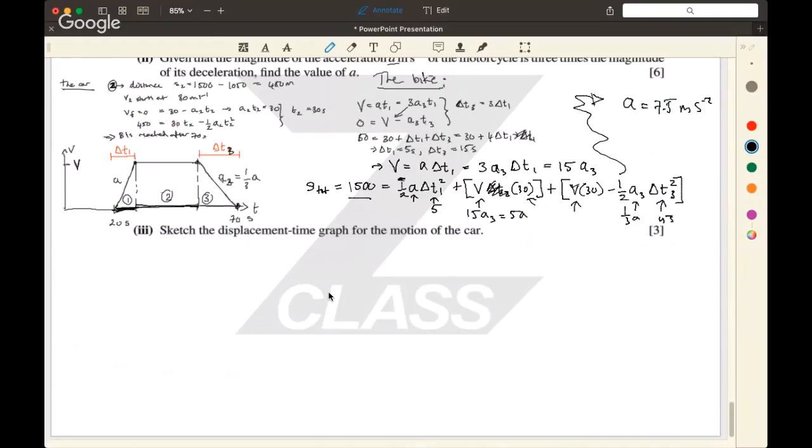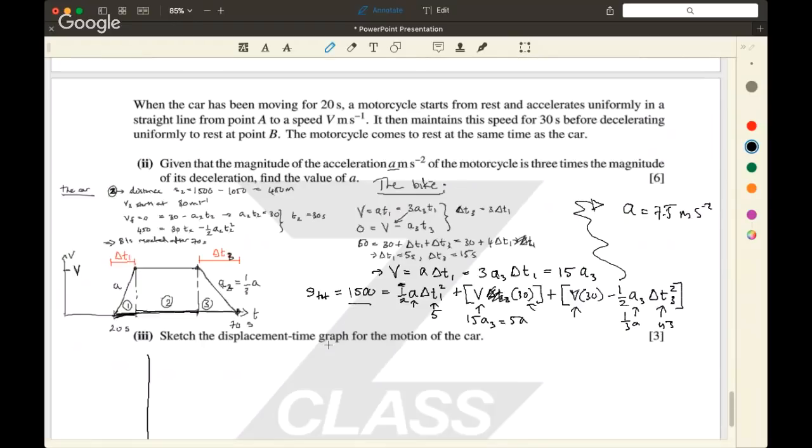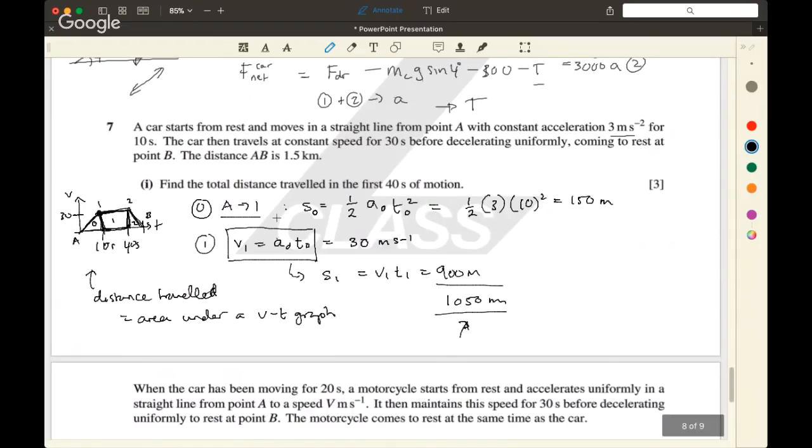So they want the displacement time graph for the motion of the car. This is a little different from the velocity time graph. So let's think. The car, if we look back over here, what did we find?